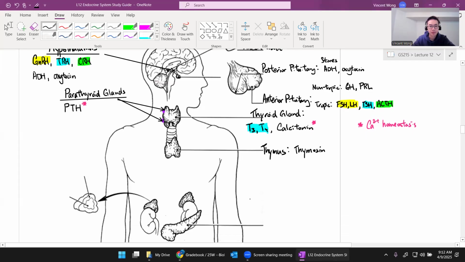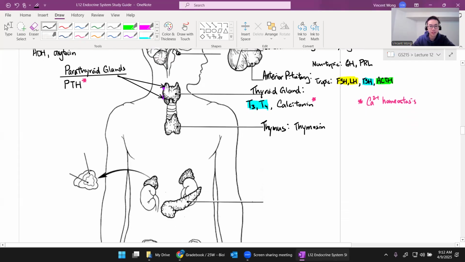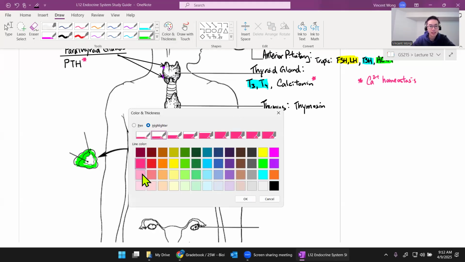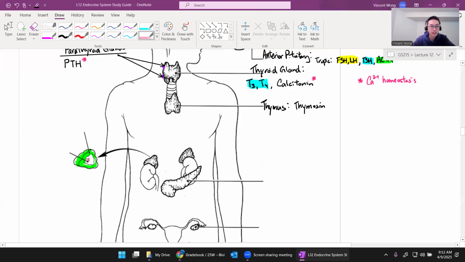Okay, we're gonna move down further. And we have the adrenal glands. The outside of the adrenal glands, right here, that's the adrenal cortex. And the inside is the adrenal medulla.